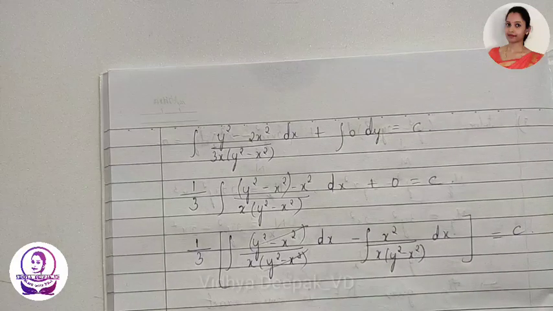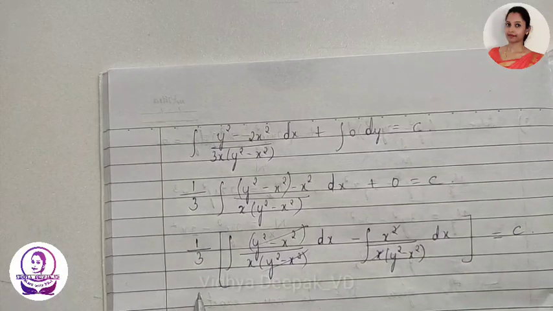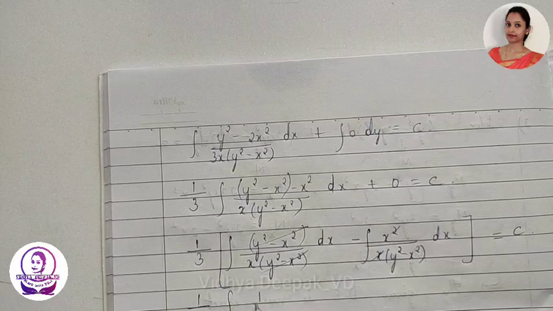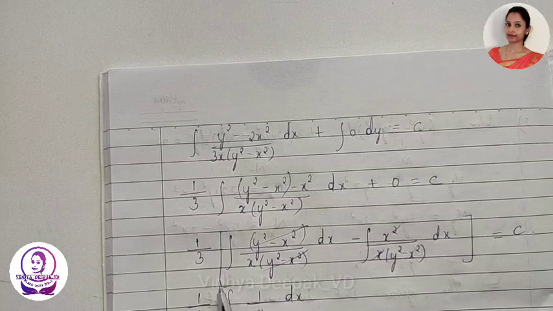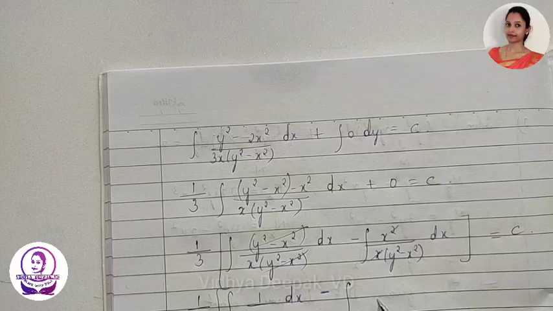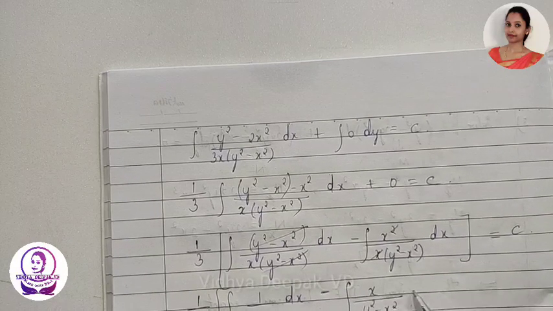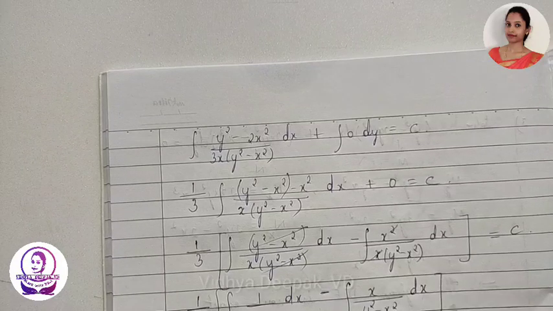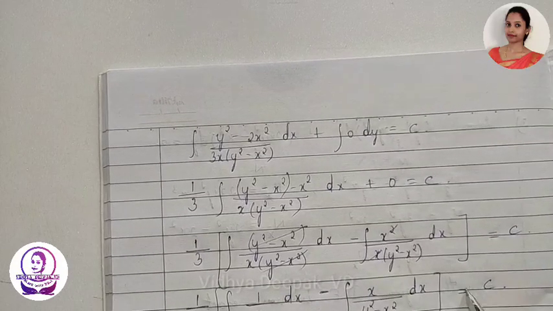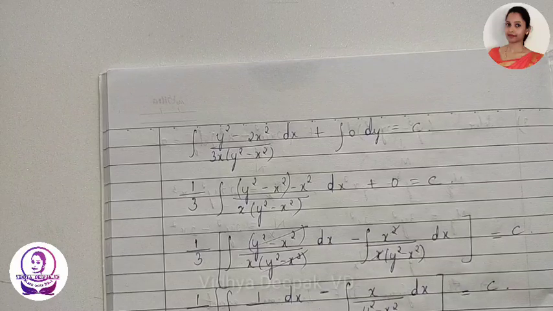Here this and this term get cancelled. Here x and x get cancelled. So we have integral of 1 by x dx minus integral of x by (y square minus x square) dx is equal to c.